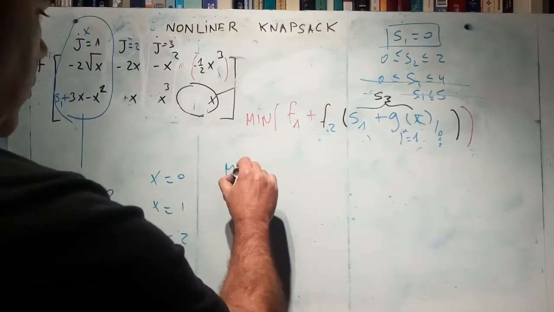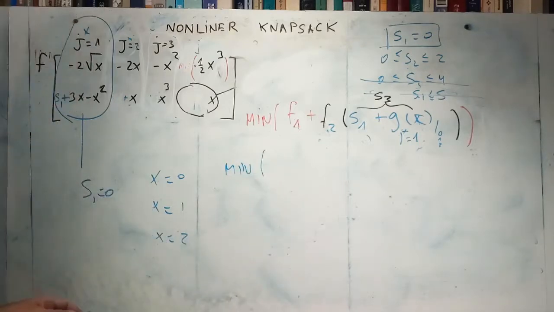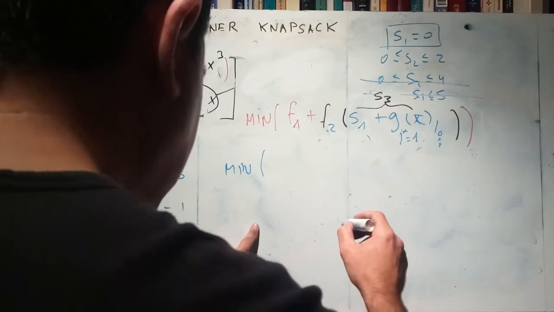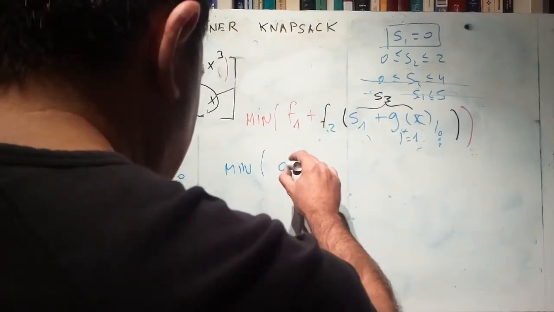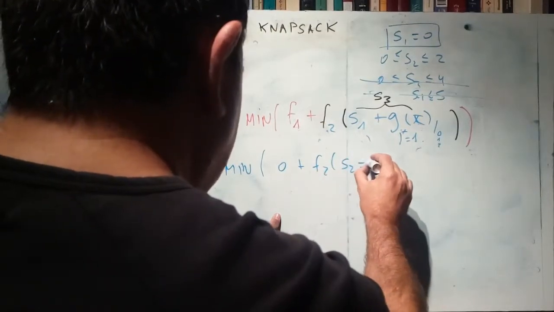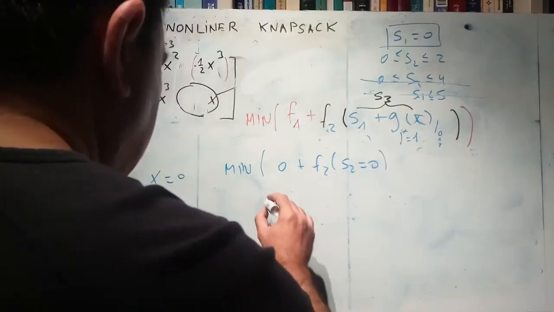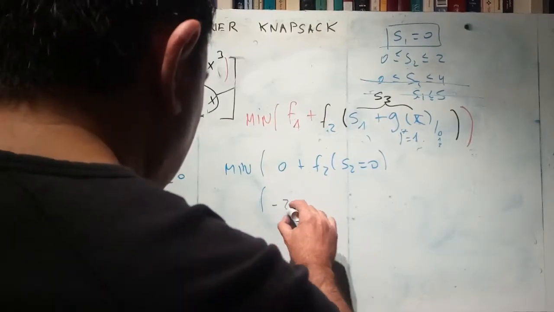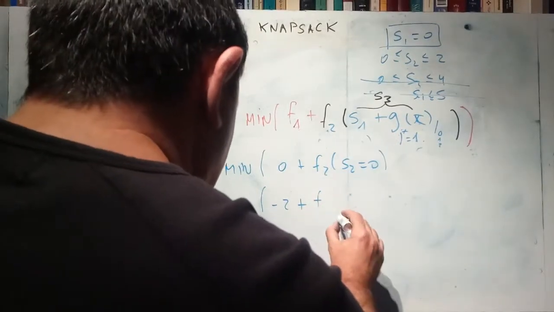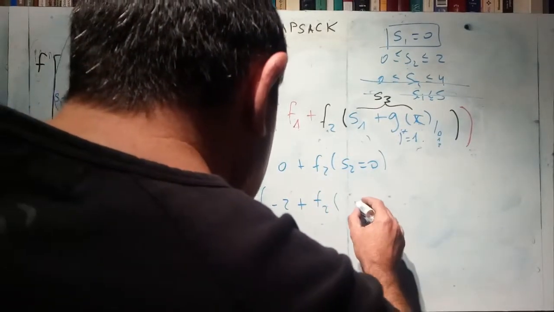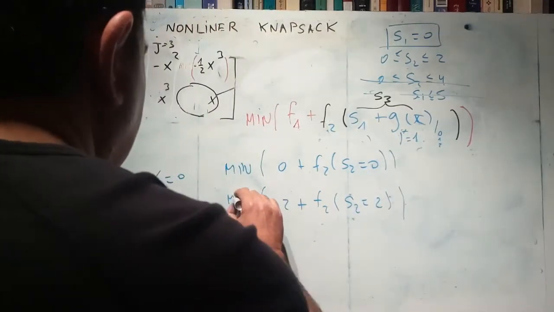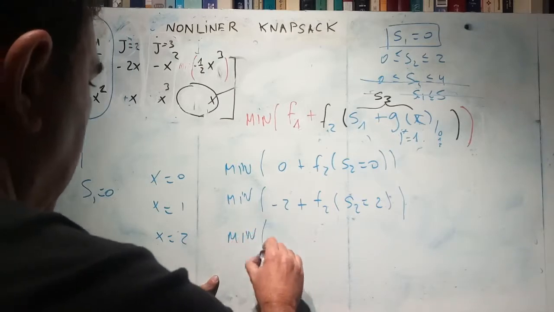So we want to minimize this value of f1, that is to say 0 plus f2 of s2 being 0, a minus 2 plus square root of 1 times 2 plus f2 of s2 being 2, the minimum, and the minimum.